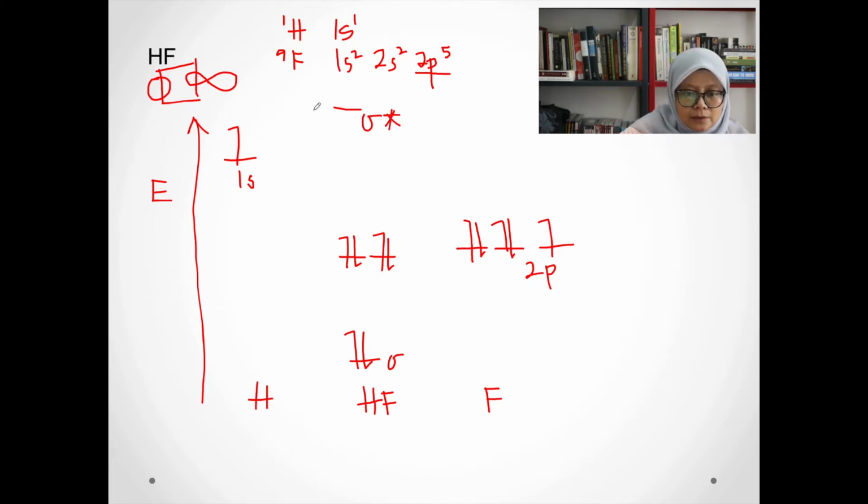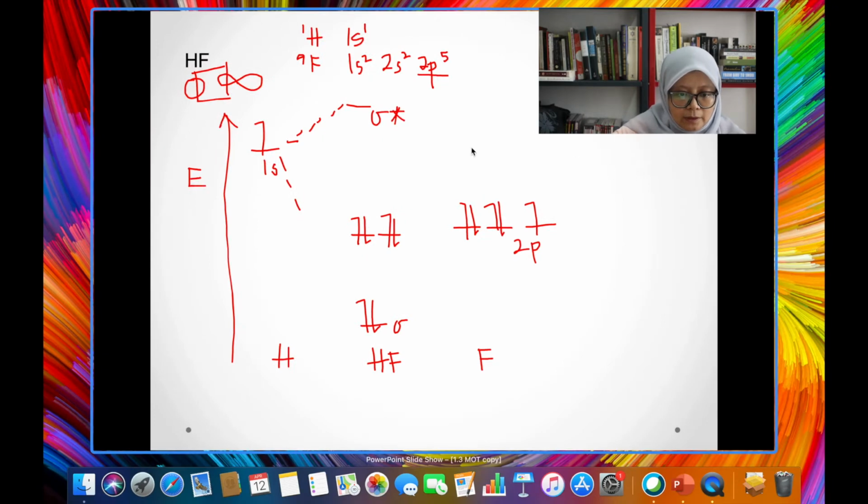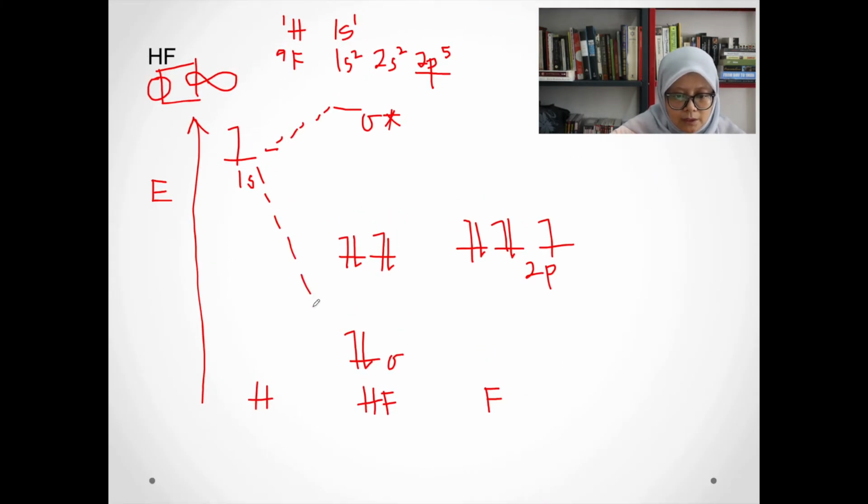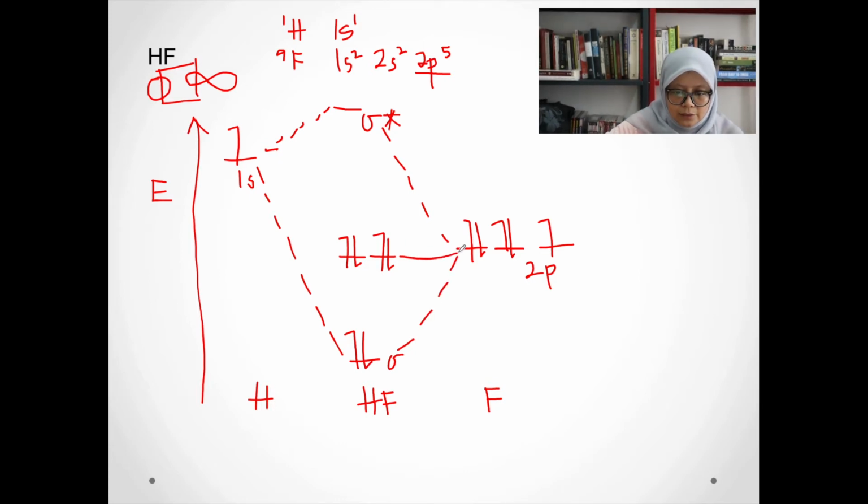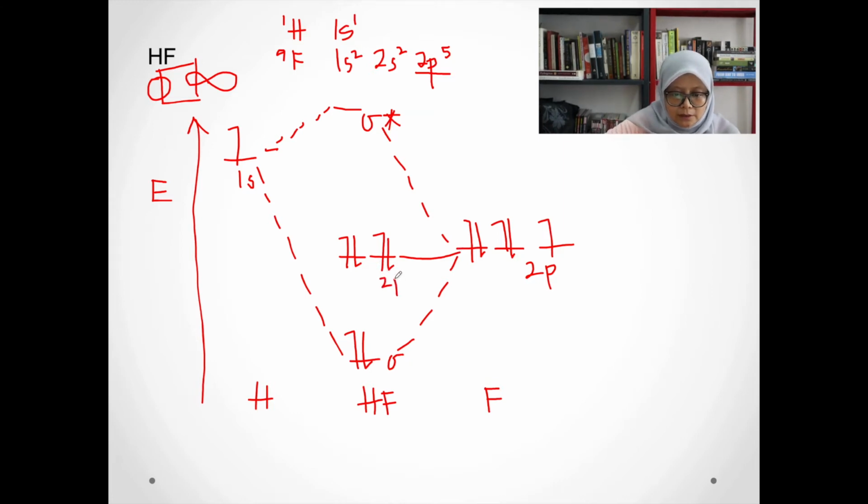Then you need to show the interaction between hydrogen and fluorine. For these two orbitals, it is a straight line, because they do not get involved in the interaction. So this is the molecular orbital for hydrogen fluoride.